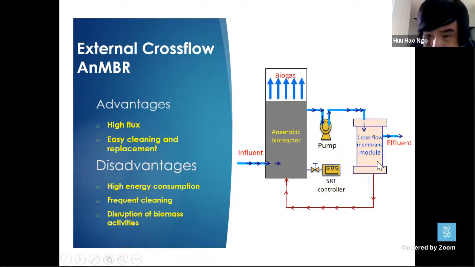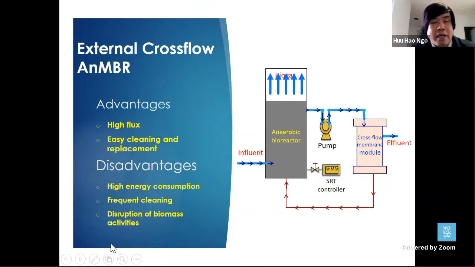They need not go through another module and be recirculated back. Here the bacteria are not happy, because they keep moving again and again and again.